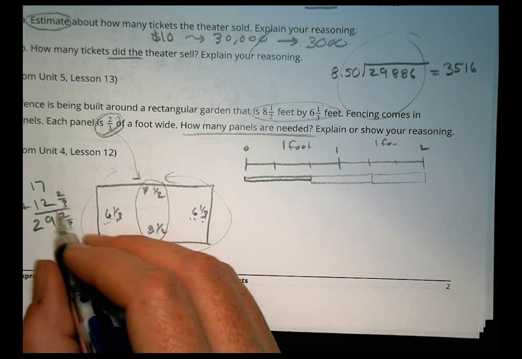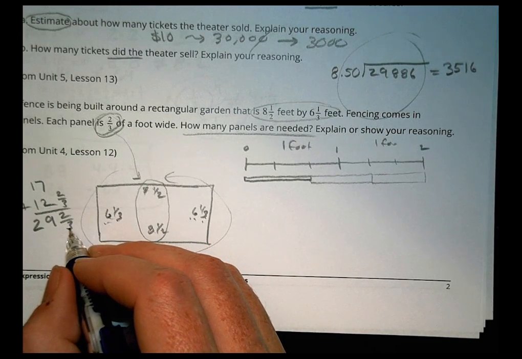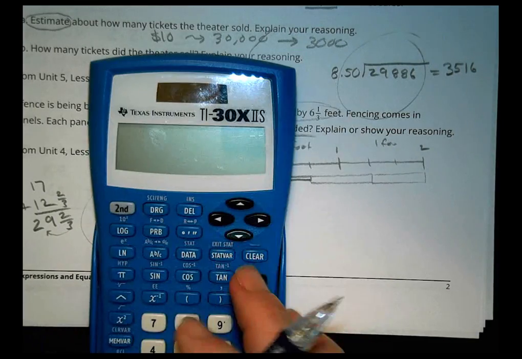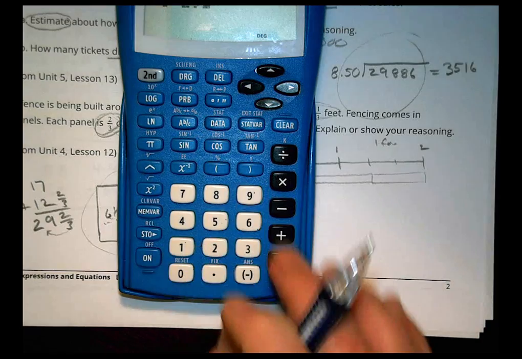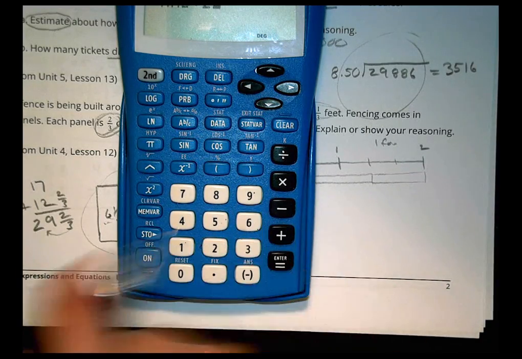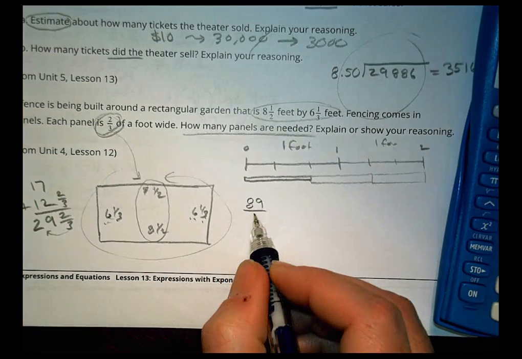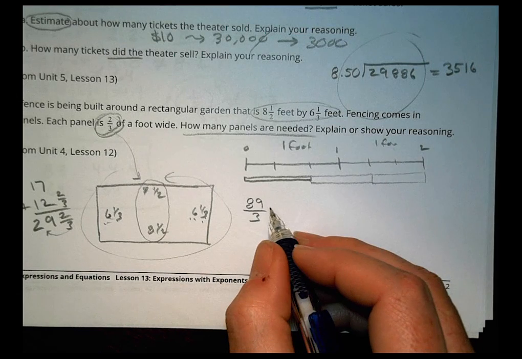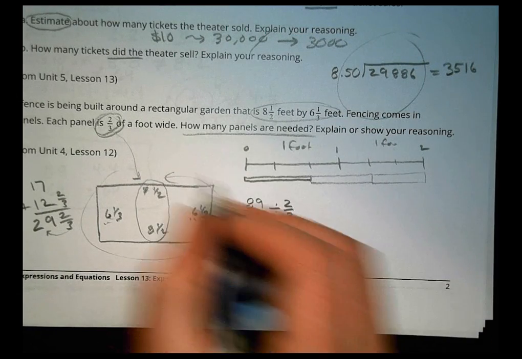So I'm going to rewrite this as an improper fraction. 3 times 29 is 87, and then I add 2 more for my 2 right there, and I get 89 over 3. And what I want to do is take that length and divide it by 2/3 sections, because that's the width of each board.